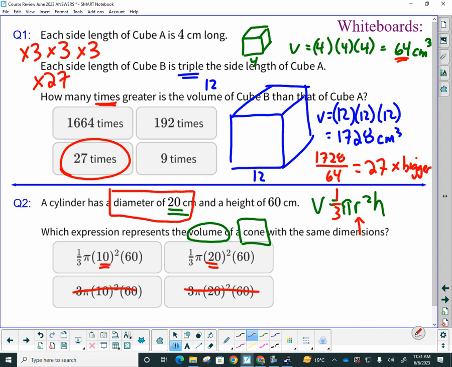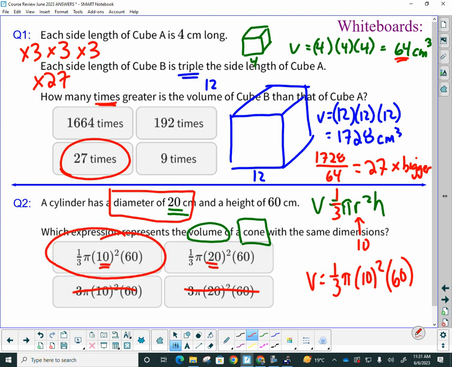If the diameter is 20, that means the radius is 10. So my volume is going to be 1/3 pi times 10 squared h, which is 60. And that means that this is the correct answer. This one, they accidentally used the diameter, and we need the radius.